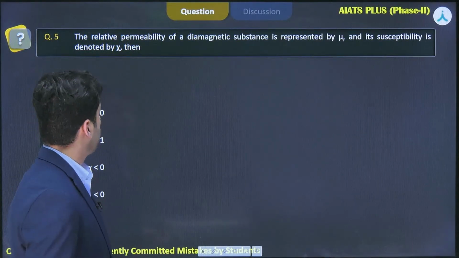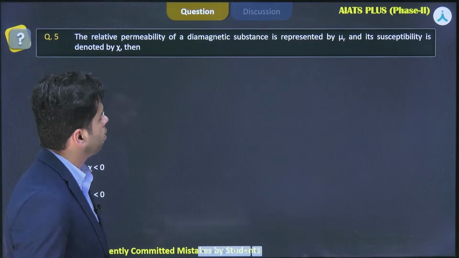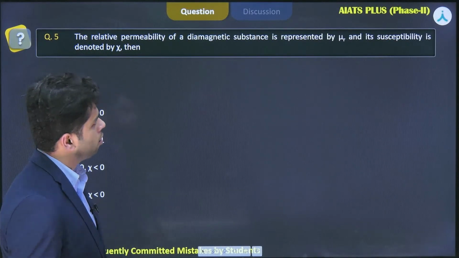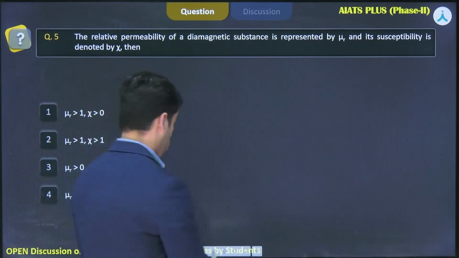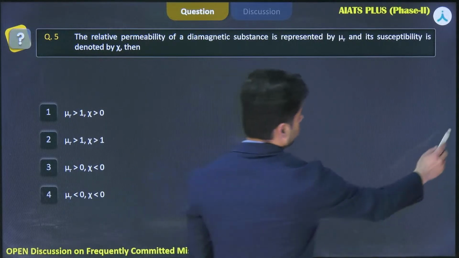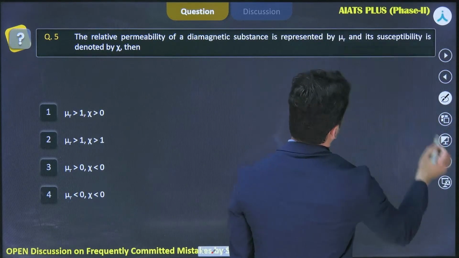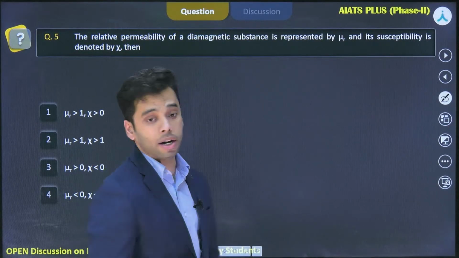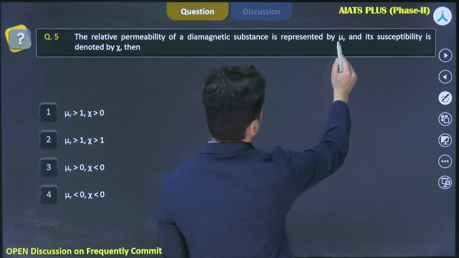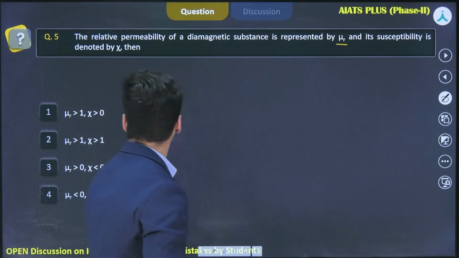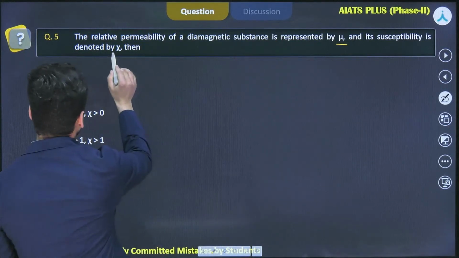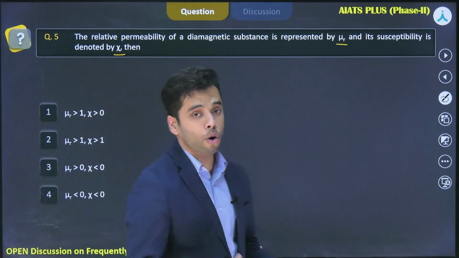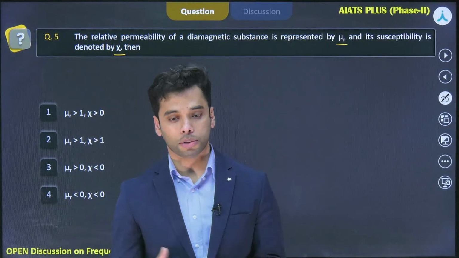It says that the relative permeability of a diamagnetic substance is represented by mu r, and its susceptibility is denoted by zeta. Based upon this information, you need to pick the correct option.